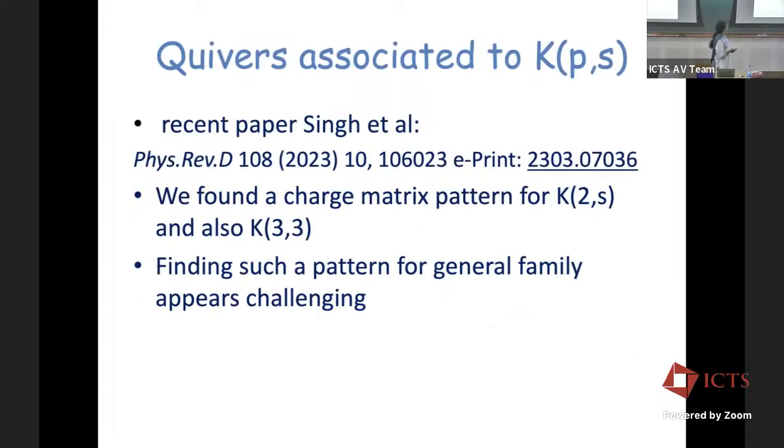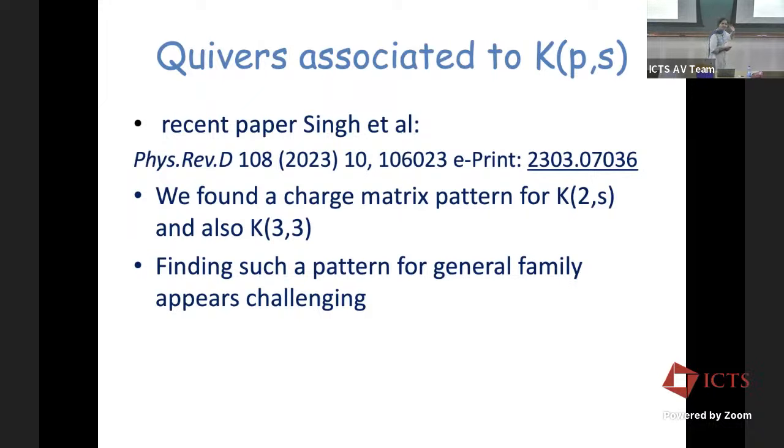And this work recently appeared a few months ago in PRD, and this was for the double twist knot, where we actually found a quiver charge matrix for 2, s. And also we could do it case by case, but we still couldn't find a pattern for a general double twist knot.